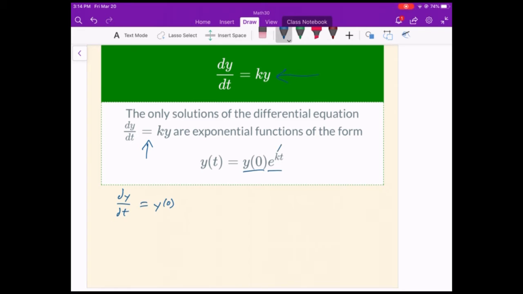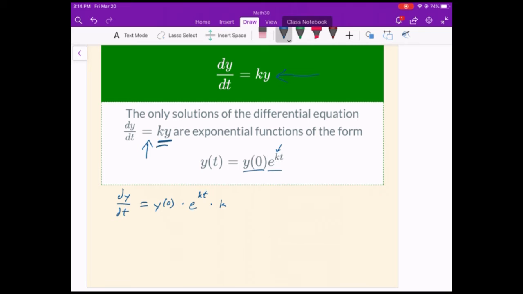But now we want to take the derivative of e to the kt, again, k being a constant. So that is going to be e to the kt times the derivative of kt. This is just the chain rule here. e to the kt times the derivative of kt. Well, keeping in mind that t is what we're taking the derivative in terms of, we're just left with k.